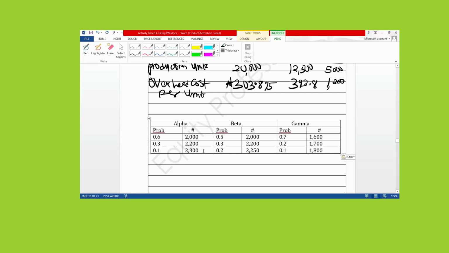At 2,300, 10% we patronize alpha. In that case, you can look for the average. The average is called expected price.